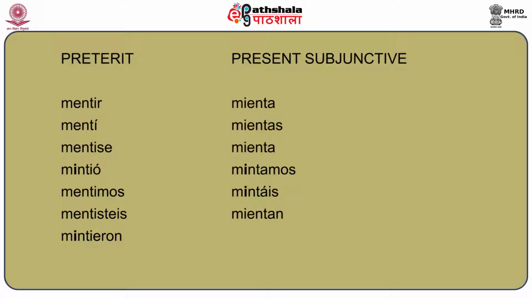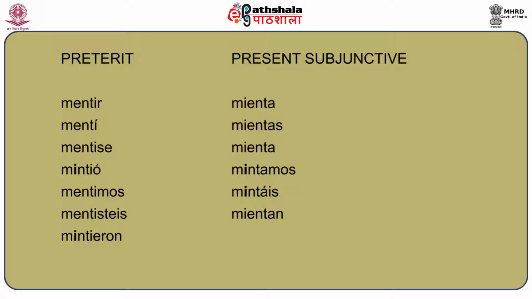nosotros mentimos, vosotros mentisteis, ellos, ellas, ustedes mintieron. So you can see it is again the third person singular and the third person plural where the vowel E changes into I and the conjugations are mintió and mintieron.